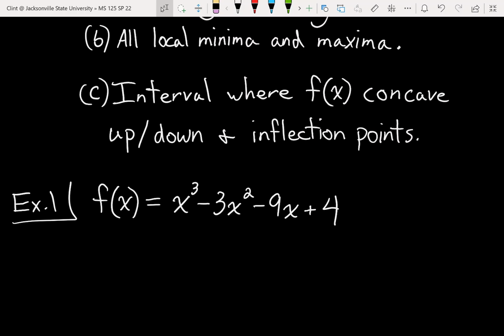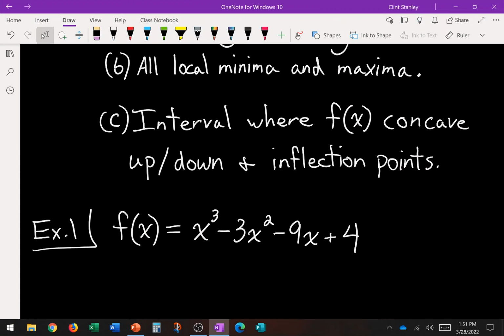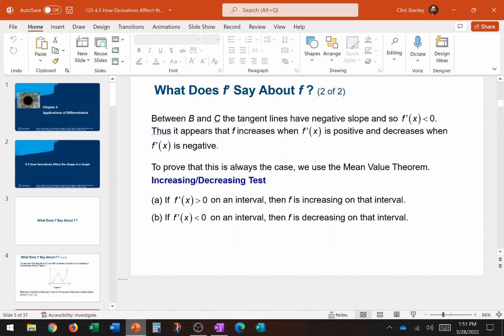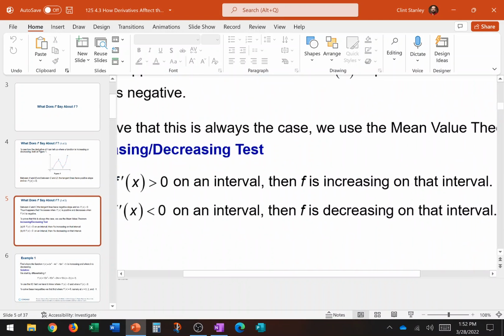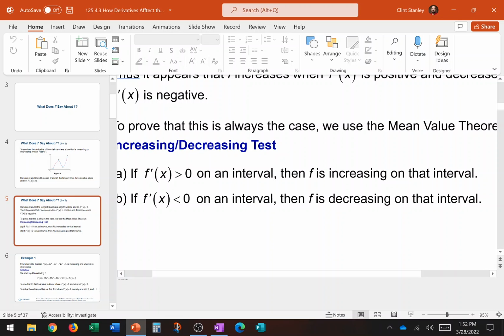So let's look back to get a little refresher here. We want to know increasing or decreasing. We're going to find the derivative, and then where our derivative is positive, that's where it's increasing. Where our derivative is negative, that's where it's decreasing.